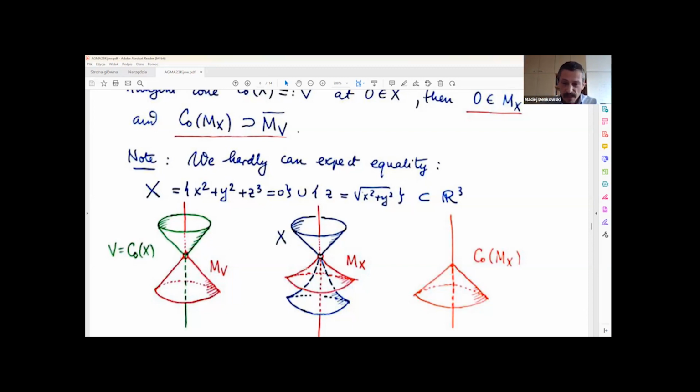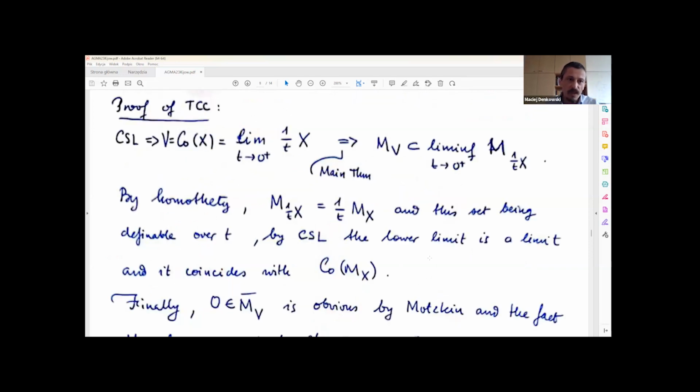And on the right-hand side, you have the tangent cone to the medial axis MX. So it consists of a line, the whole line together with this conical thing. And you see that this is indeed the MV here on the left-hand side is a part of the whole tangent cone in yellow on the right-hand side.